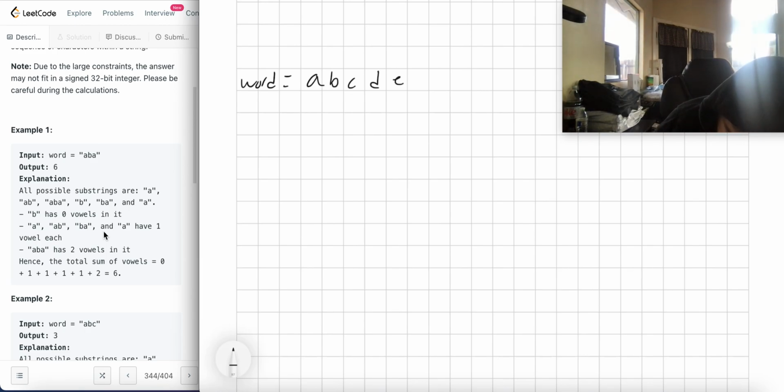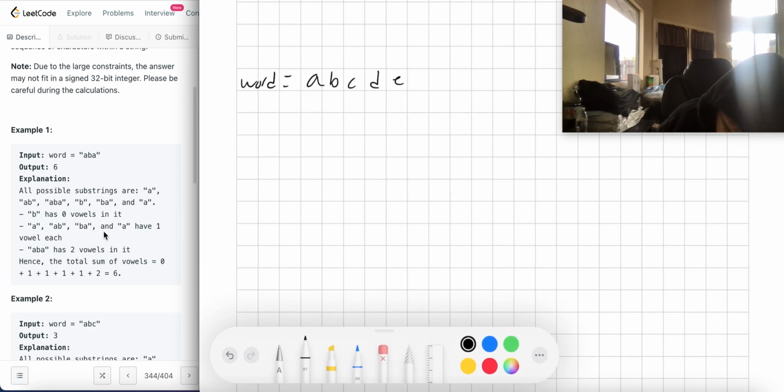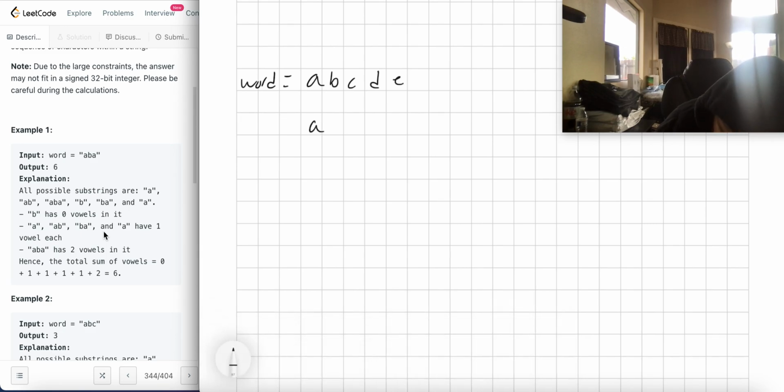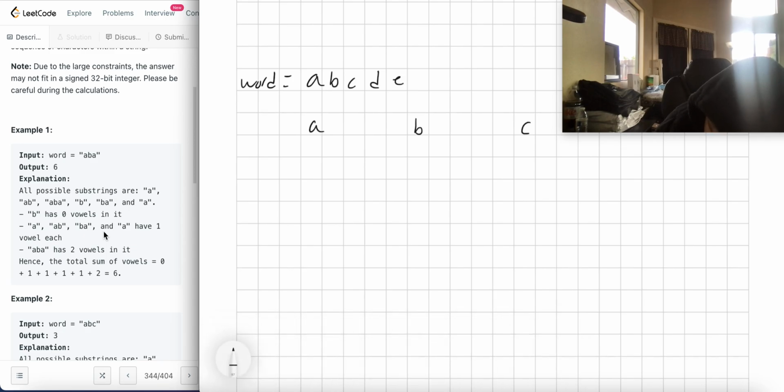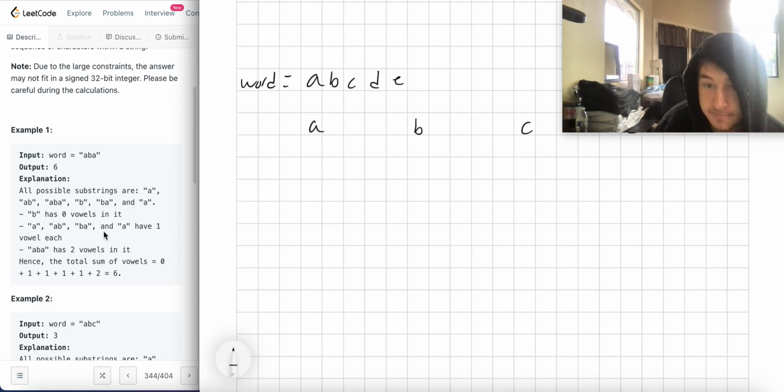We have the first substring, which is the whole string, A, B, C, D, E. And then we'll go the other way. We have all substrings of length 1. So there's A, B, C, D, and E.